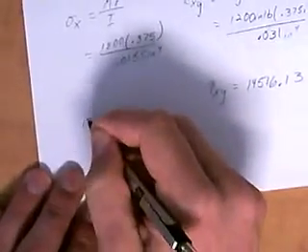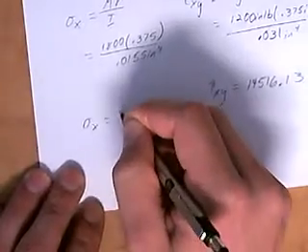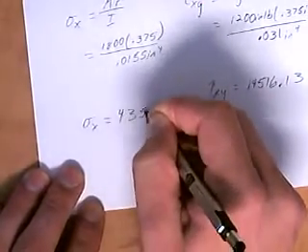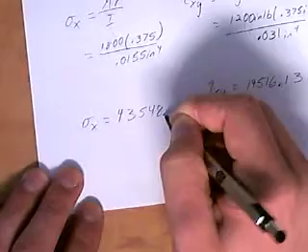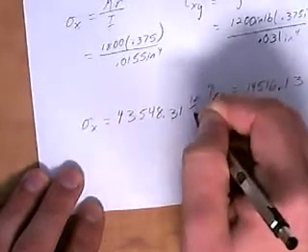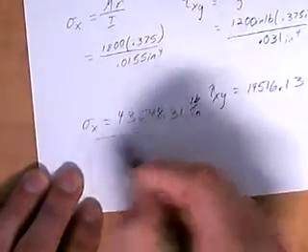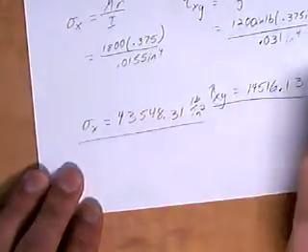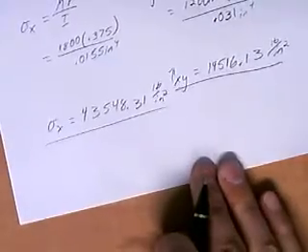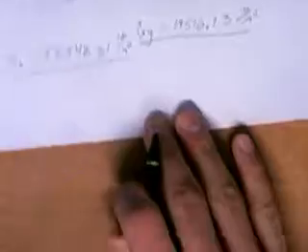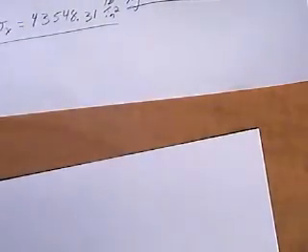And then sigma x is going to equal 43,548.31 lb per inch squared. There we are, so we have those two values. Now we have everything we need to do maximum shear stress, well, no, not everything. Now we have to find the principal stresses.